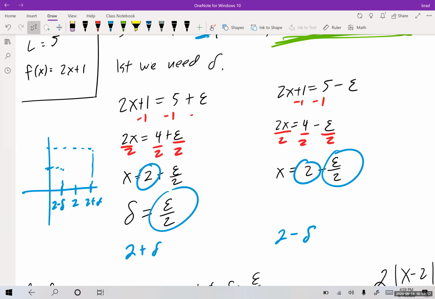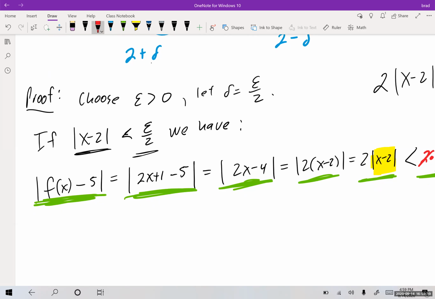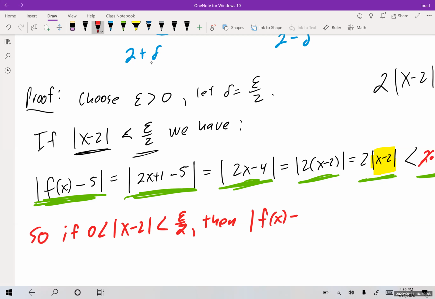So if 0 is less than the absolute value of x minus 2 is less than epsilon over 5, or epsilon over 2, epsilon over 5 was the last problem, sorry about that. Then the absolute value of f of x minus 5 must be less than epsilon.